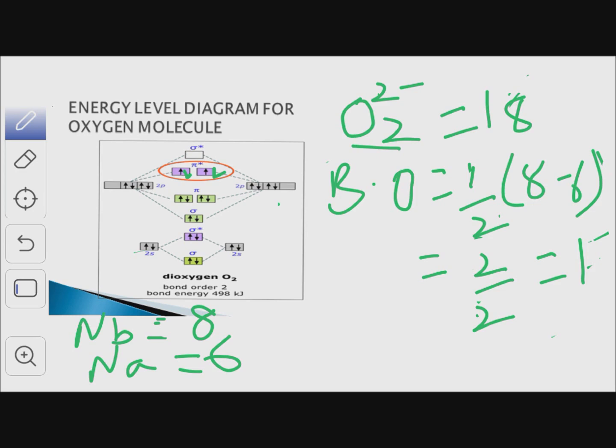In this way we can calculate the bond orders for O2, O2 negative, O2 positive, and O2 2 negative.